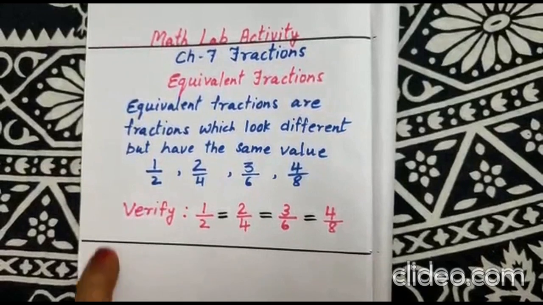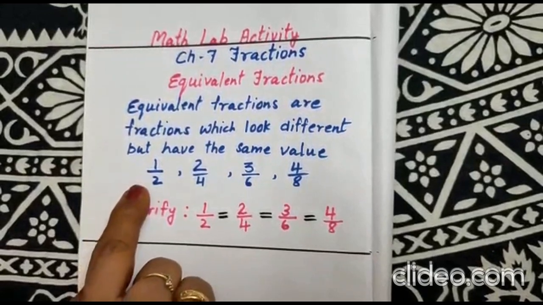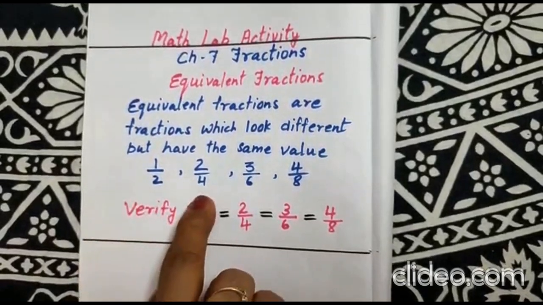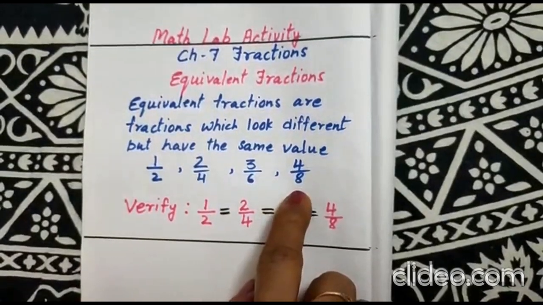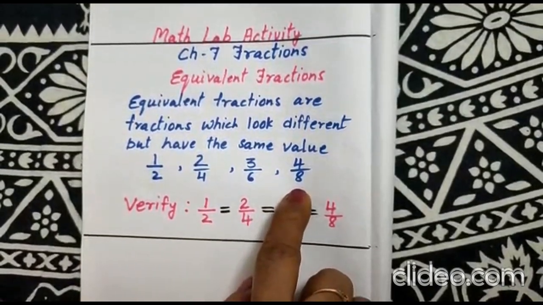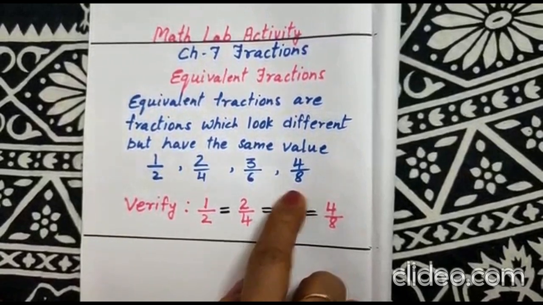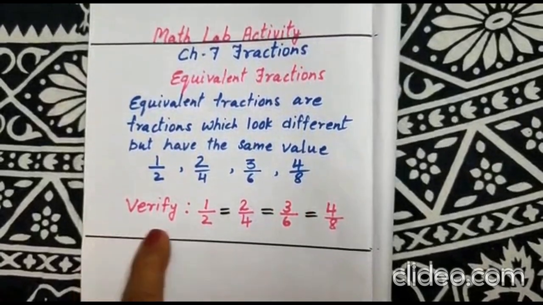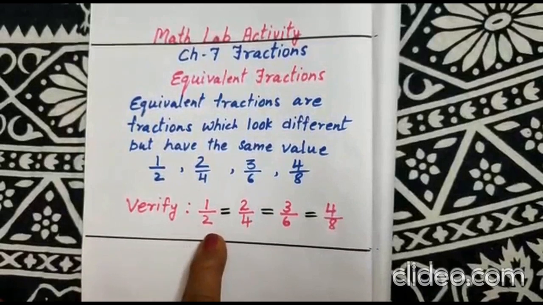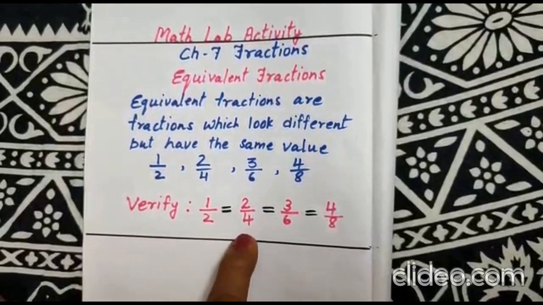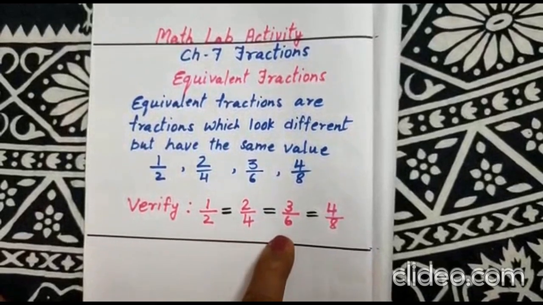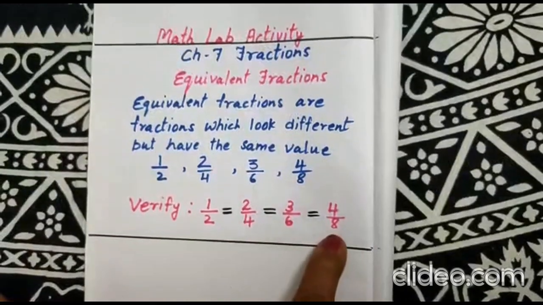For example, the fractions 1 upon 2, 2 upon 4, 3 upon 6 and 4 upon 8 are equivalent fractions. So let's do this activity to verify that 1 upon 2 is equivalent to 2 upon 4, which is equal to 3 upon 6, equal to 4 upon 8.